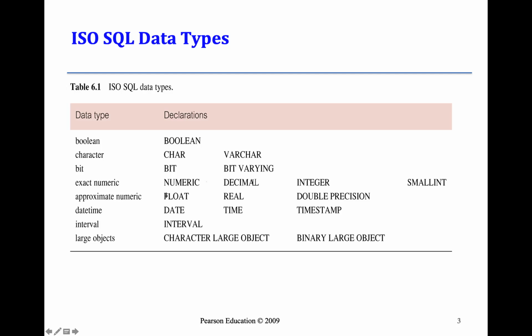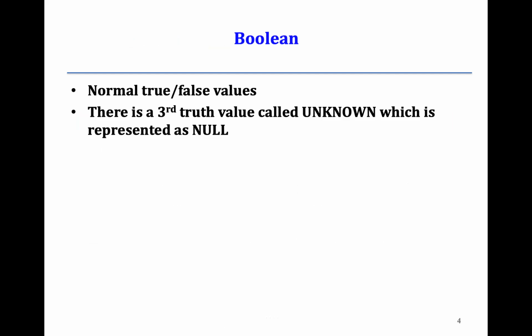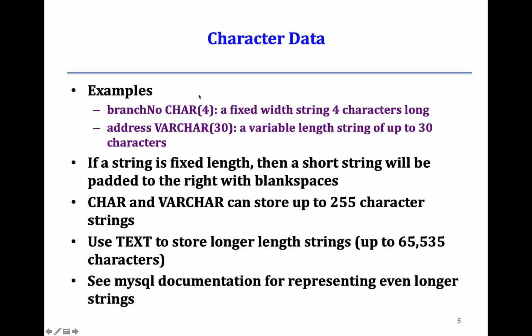Okay, and then Boolean values, true and false, are the literals for Booleans. For character data, you choose between char and varchar typically. Char is a fixed width field and pads with spaces to the right if the string is too small.